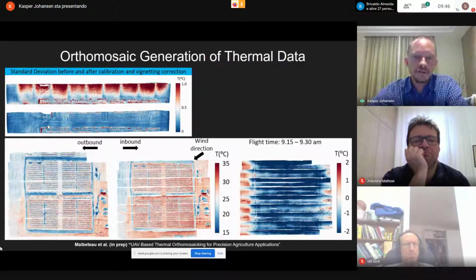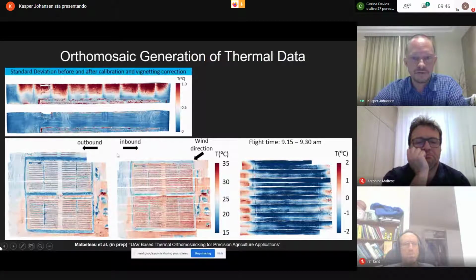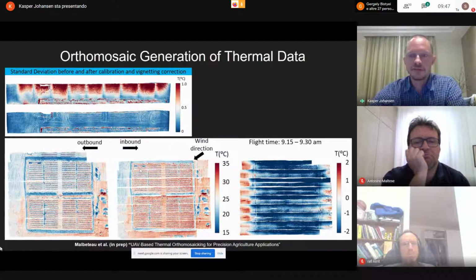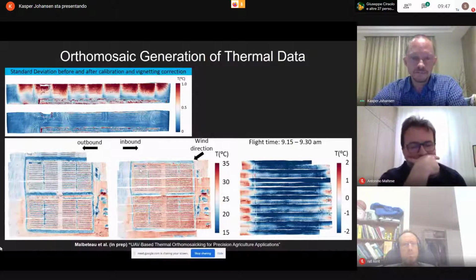But to take that a bit further, we also looked at wind effects in relation to flight direction. You can see here all the flight lines on the left from the outbound flights, and then all the flight lines from the UAV flying in the opposite direction. If you subtract those two, you will see temperature differences of at least 2 degrees, depending on flight direction.